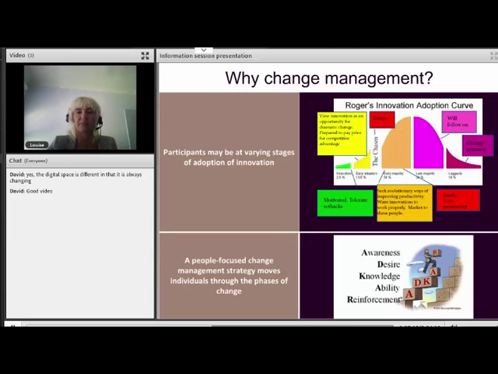We want to get these people on board. Once you get the 34% of your early majority on board, your late majority are going to see them on board and they will follow along. So already you're going to have the next 68% of your people on board with your new strategy.